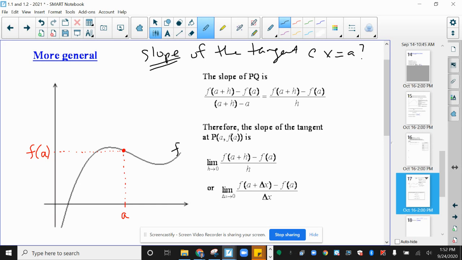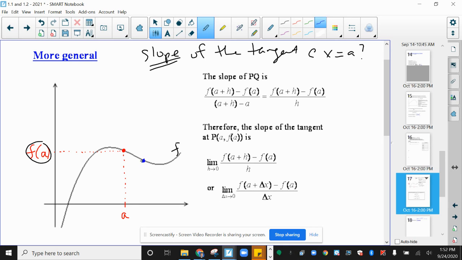That's our discussion right now, and how can we do that? So when you're at the point a, the y value is called f of a. You sub it into the function, it spits out a y value for you. So how can we get the slope of the tangent? Okay. What we're going to do is we are going to choose a point that's nearby.